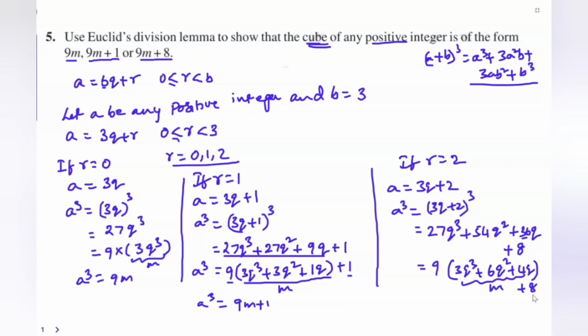So we can write it as 9m plus 8, where m is 3q cube plus 6q square plus 4q. So we understand that here a cube is 9m, here a cube is 9m plus 1, here a cube is 9m plus 8. So what do you understand? The cube of any positive integer can be written in the form of 9m or 9m plus 1 or 9m plus 8.